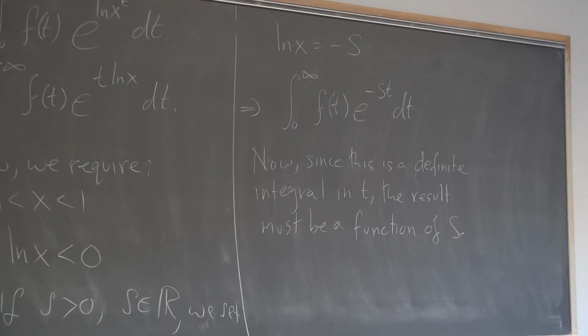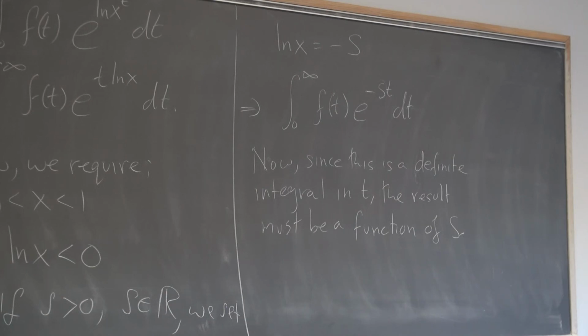So finally, we get, call this big F of s, so we're changing the function, the integral from 0 to infinity of f of t e to the minus st dt.